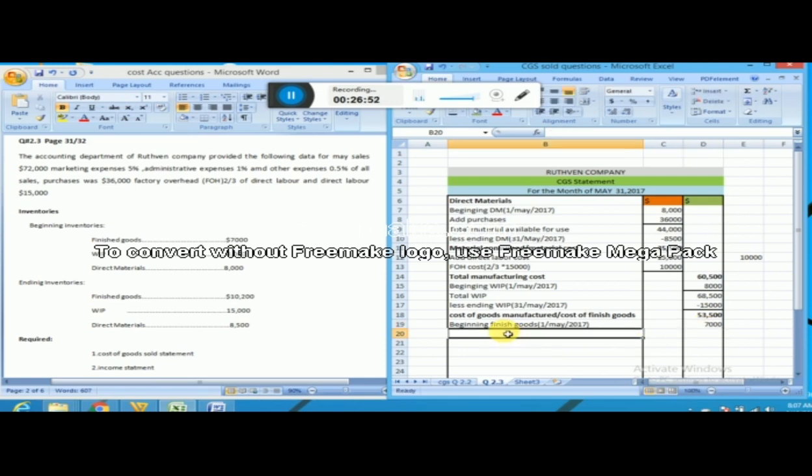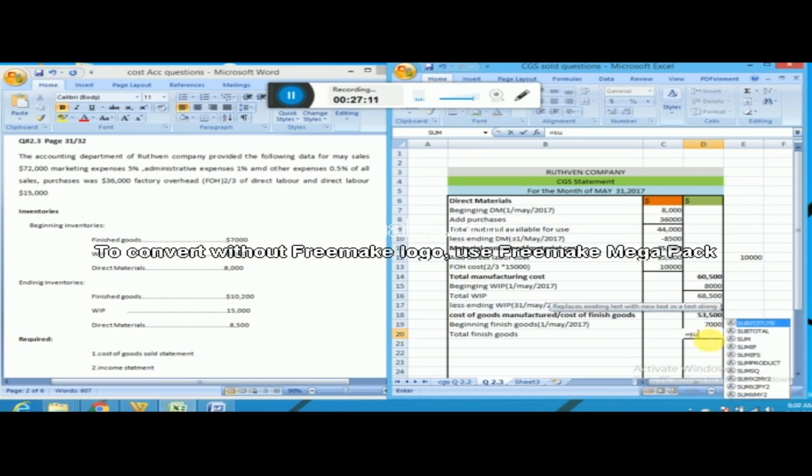Now, how much total finished goods do we have? Total finished goods. Now we have the 7,000 finished goods of the previous month and the 53,500 finished goods we produced in the month of May. So this plus 53,500 and 7,000.